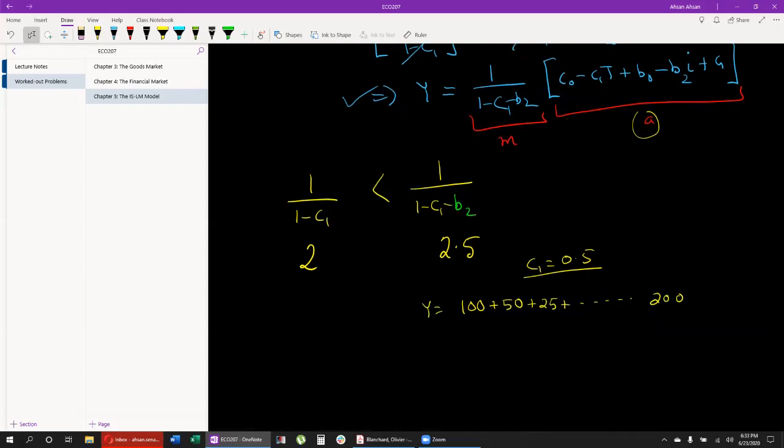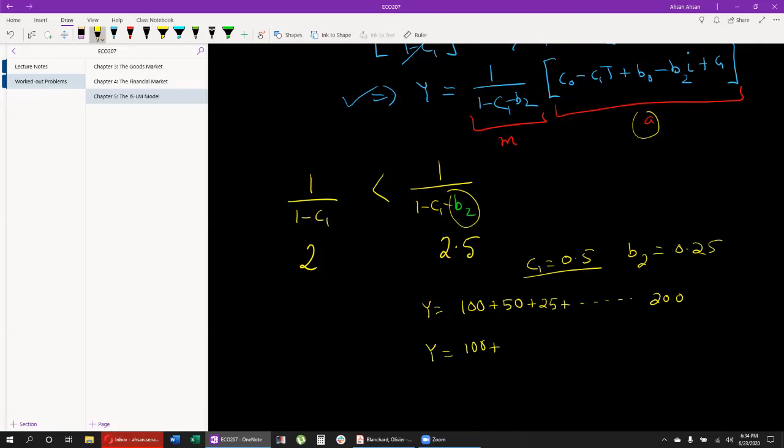But now that investment is no longer fixed, so we have B2. So suppose B2 is 0.25, which means whenever our income goes up, we invest 25% of it. Now let's see what happens to Y. So the first person spends 100 taka. No changes here.